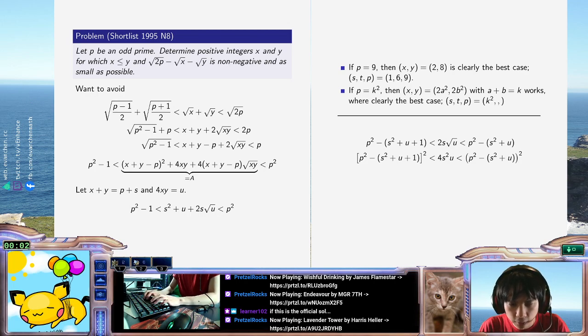So what are the equality cases anyways? It's like 2a squared minus... It's a minus b squared, right? And u is equal to 4ab... 2ab squared.